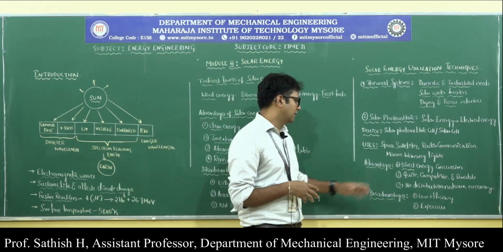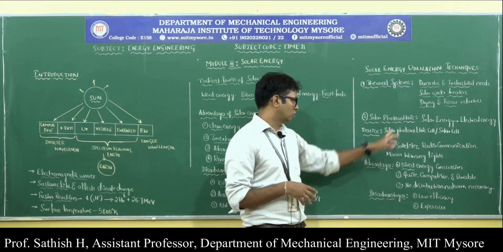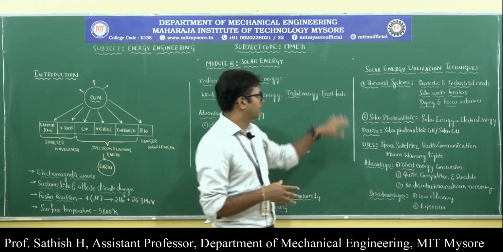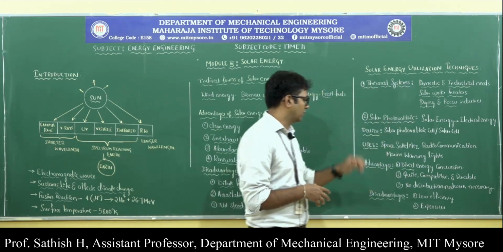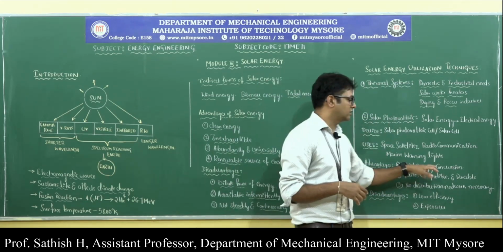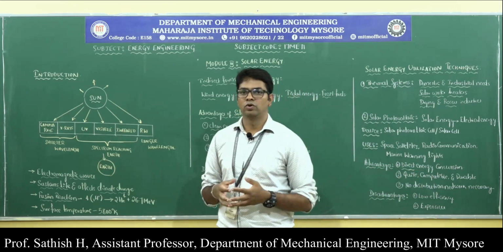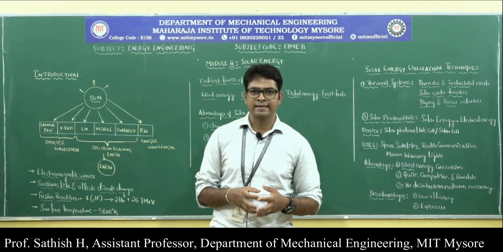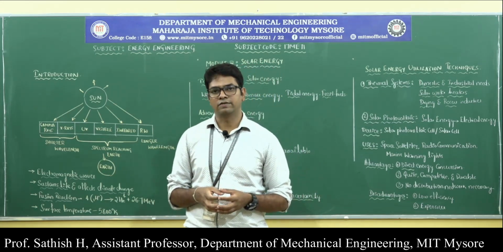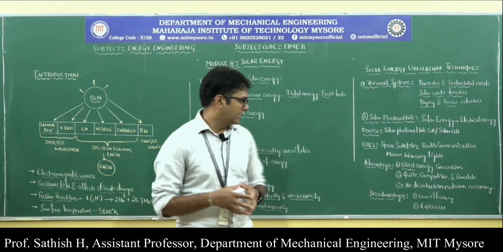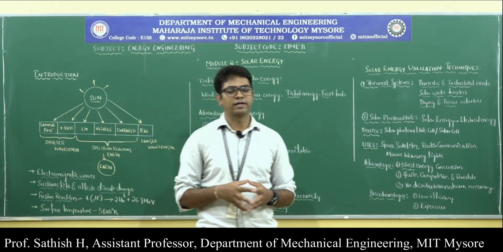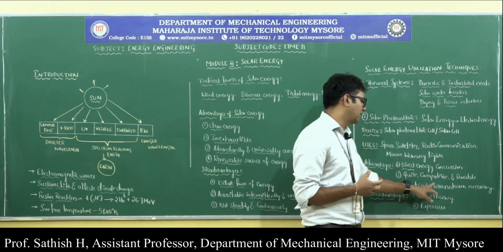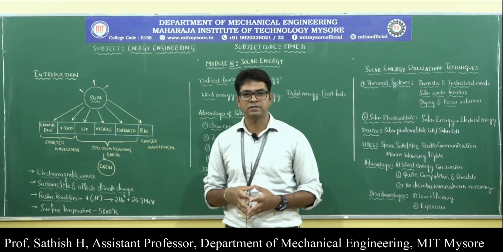Then what are the advantages and disadvantages of solar photovoltaic cells, or the solar photovoltaic technique of utilizing solar energy? It is a direct energy conversion. So there are no intermediate components, there are no moving components. That is one of the major advantages of this. It is direct energy conversion from solar energy to electrical energy. And then they are quite compact and durable.